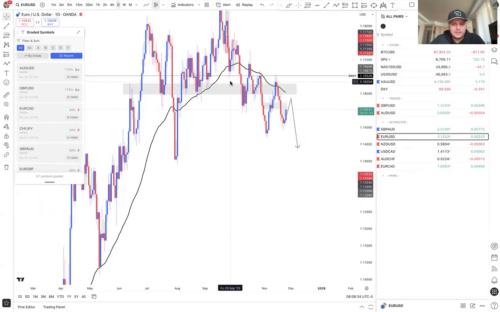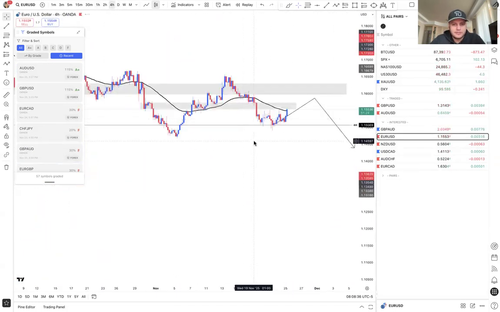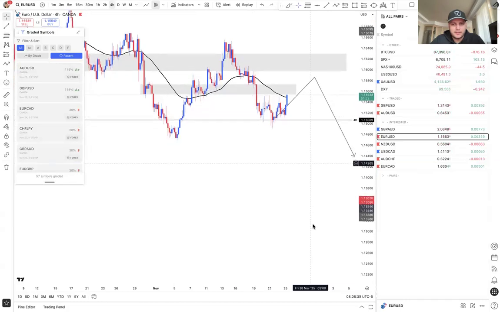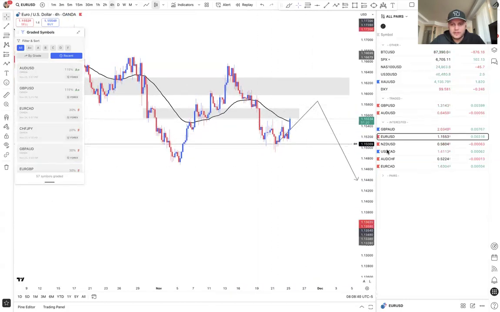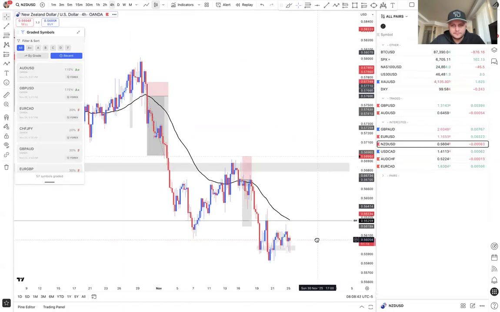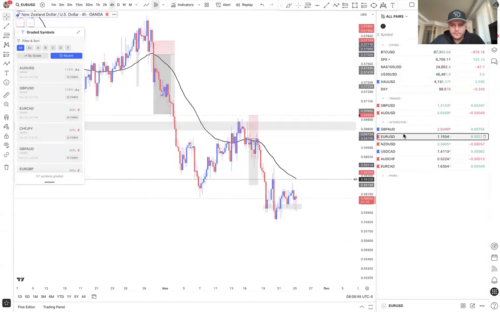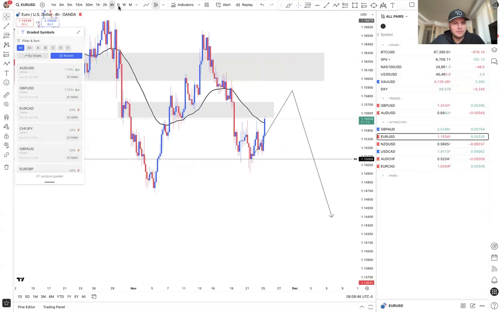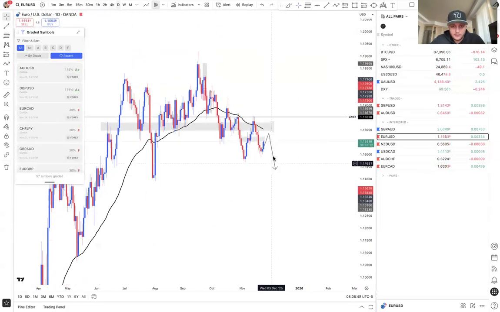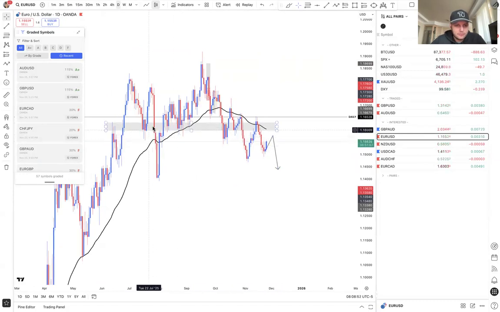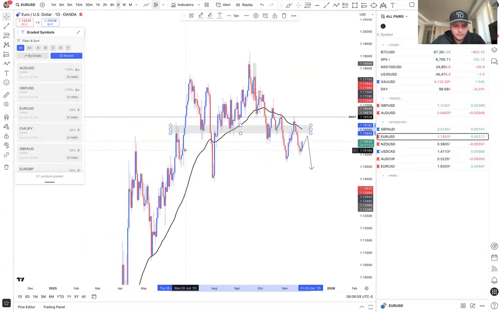Euro USD, just waiting on that daily pullback to come to an end. Looks like we're going to be creating an inverted head and shoulders here. But what we're going to be waiting for is most likely a pullback into, we have somewhat of an area of interest in this area right here.